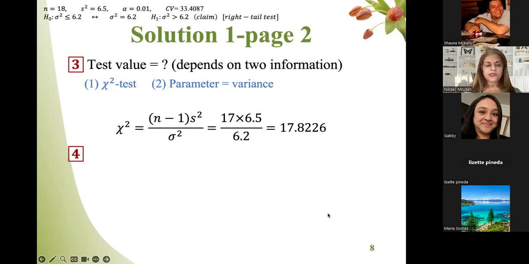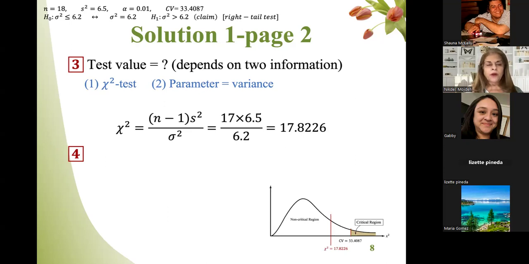Next step is to make the decision to reject or not reject null. With the traditional method, we have to draw our statistical test, in this case, chi-square curve. We have to draw our curve, which is chi-square distribution curve, which is positively skewed curve.